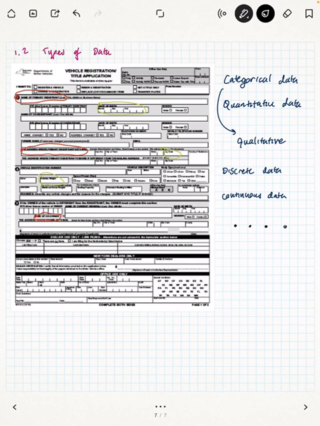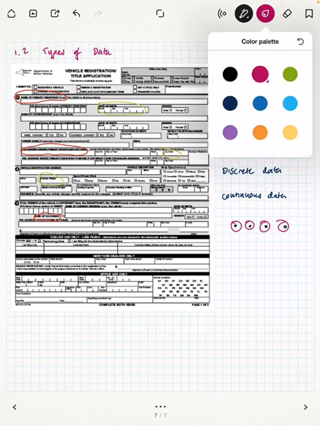So, for instance, the number of people in a household or the number of vehicles you own, right? You can represent that data in terms of circles, dots, numbers, like integers, right? You can count them.